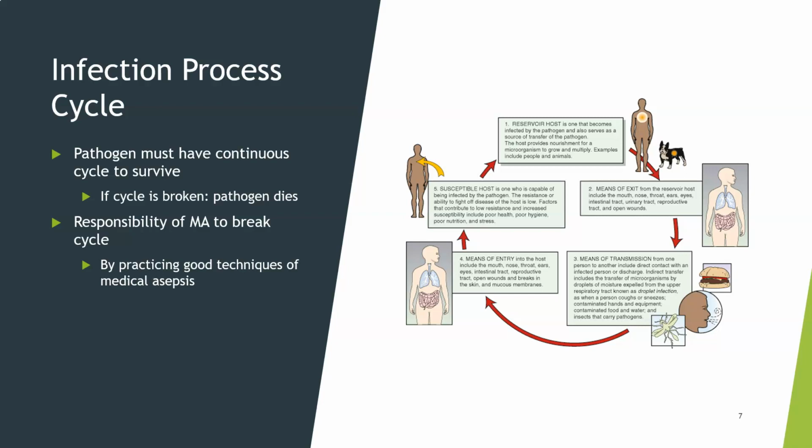After that, they have to be transmitted and have to have a means of transmission. Basically, what that means is they have to have a process by which they can go from one individual to the next.